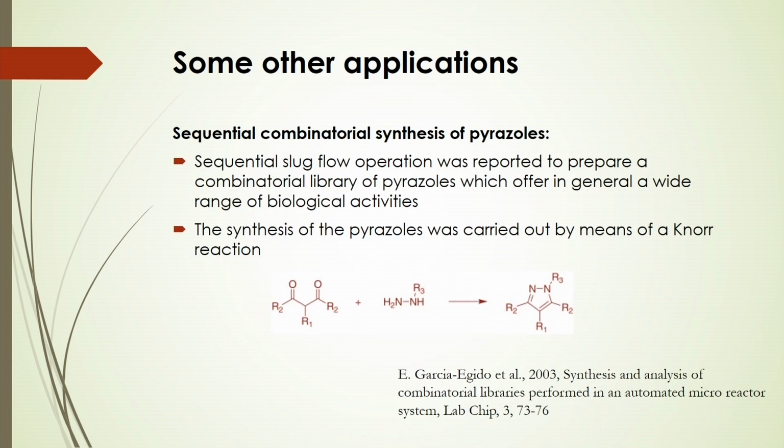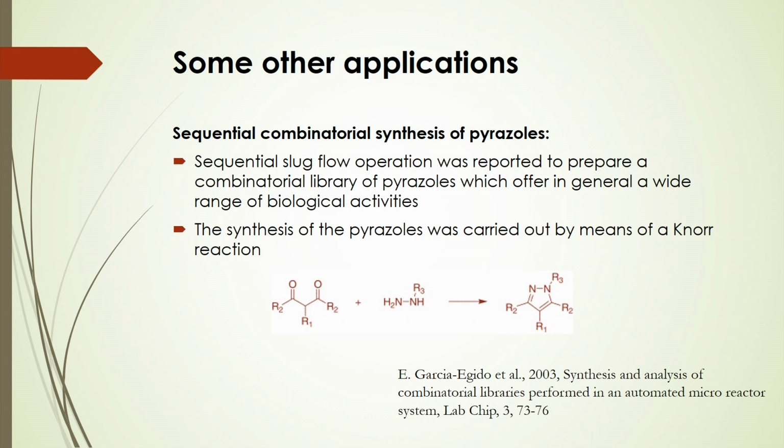2008 they have reported. Some other applications are like sequential combinatorial synthesis of pyrazoles. In that case, sequential slug flow operation was reported to prepare a combinatorial library of pyrazoles, which offer in general a wide range of biological activities.